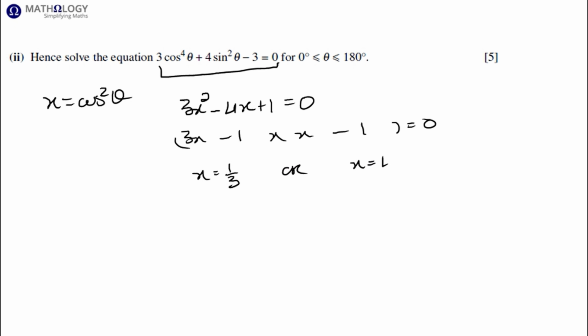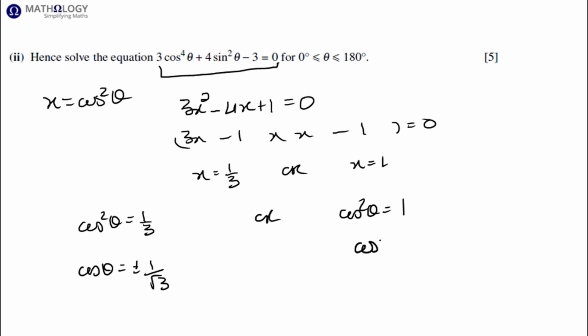We called x cos squared theta, so cos squared theta equals a third, or cos squared theta equals 1. Cos theta equals plus or minus 1 over root 3, or cos theta equals plus or minus 1.